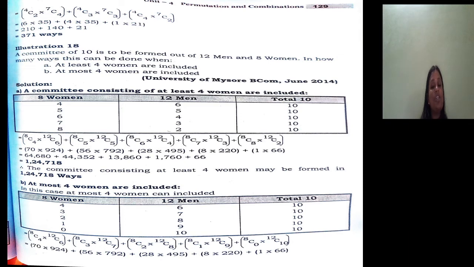There is no condition for taking men, but there is a condition that at least 4 women must be there.